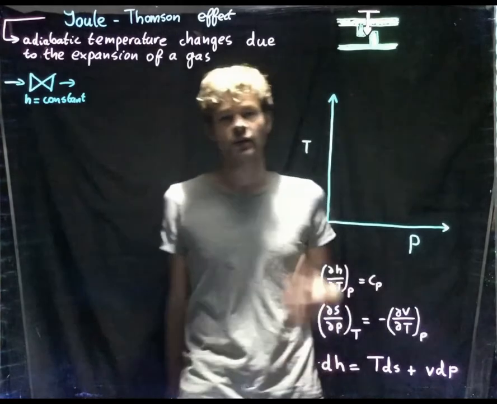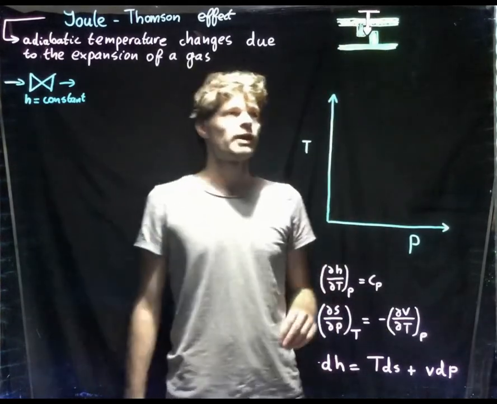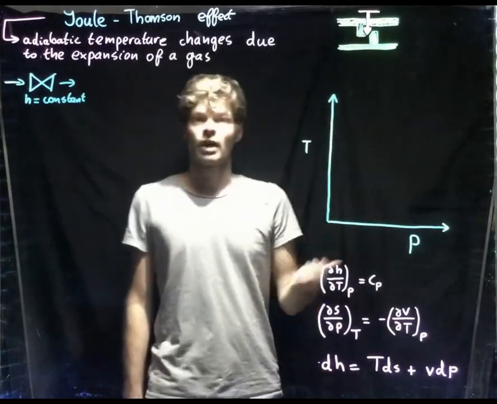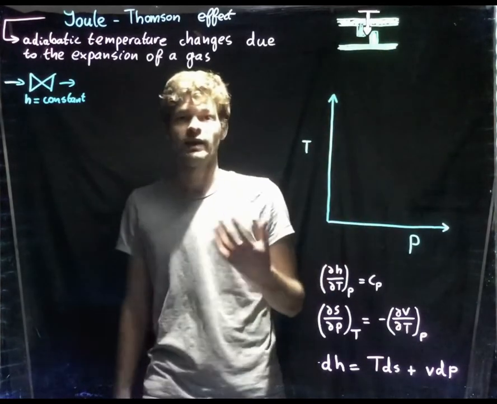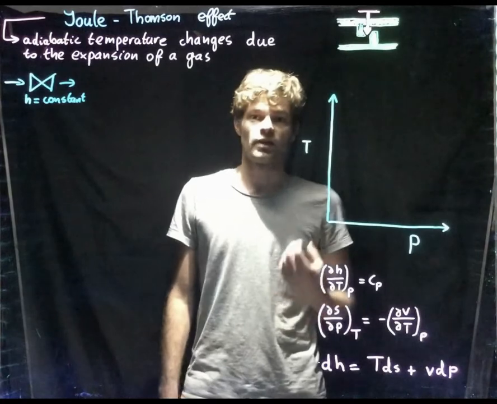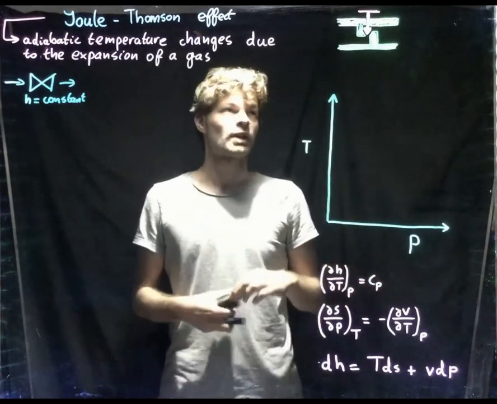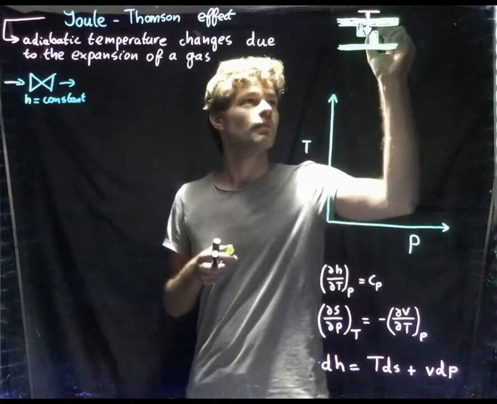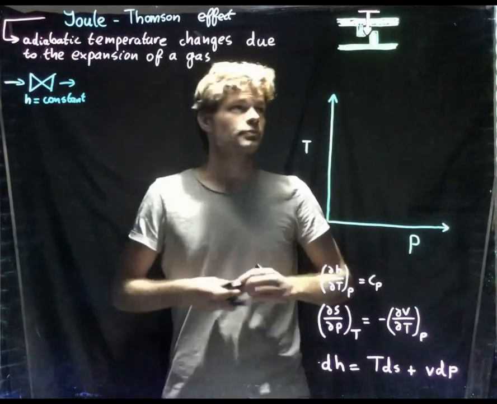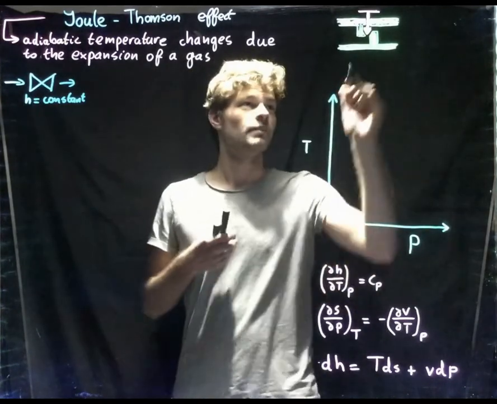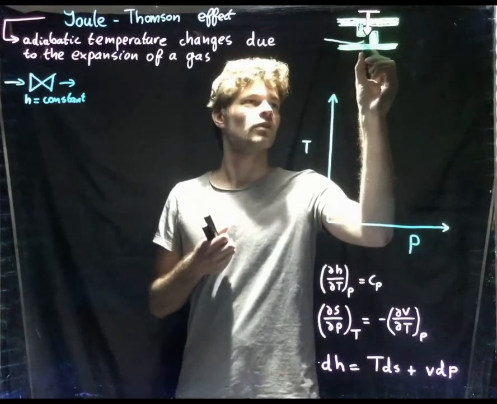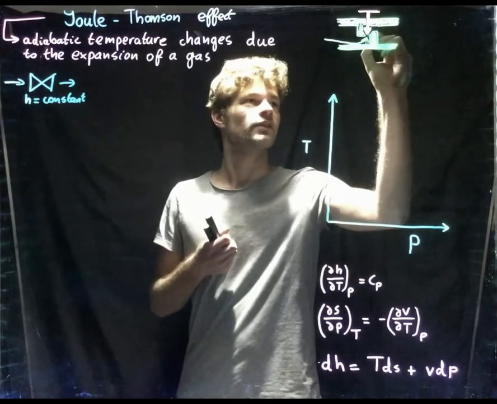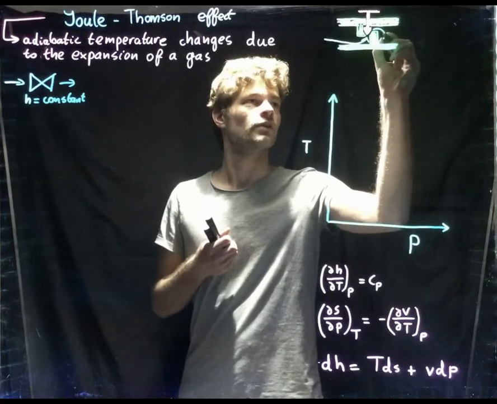Well, since you're all mechanical engineers, I made a schematic drawing of an example of a Joule-Thomson valve, and this one looks very much like the one you have at home at your tap for drinking water. There's a mechanism going up and down, and this mechanism determines the amount of flow that flows through this nozzle.